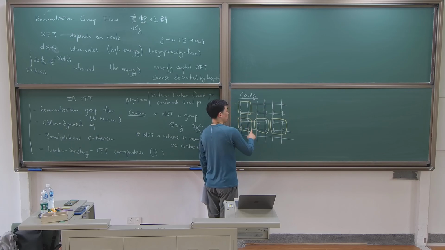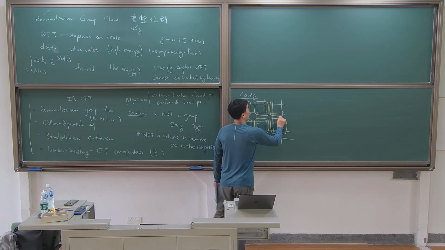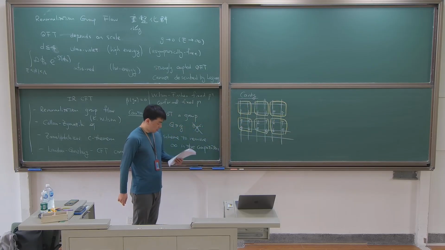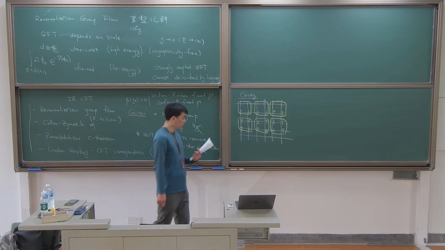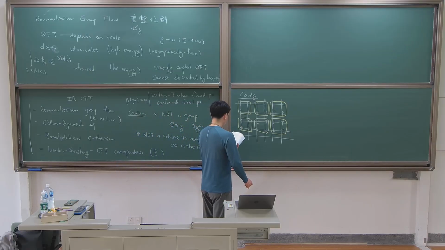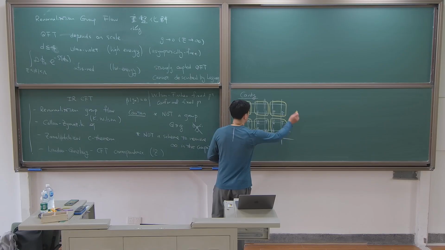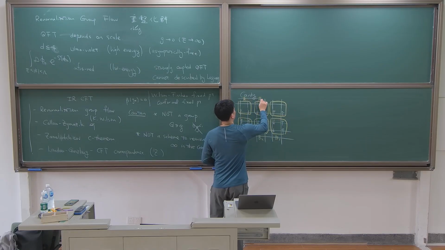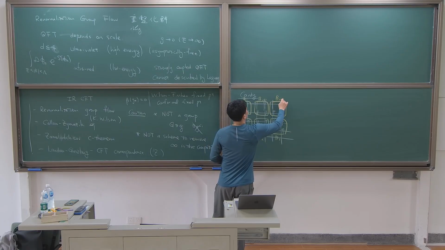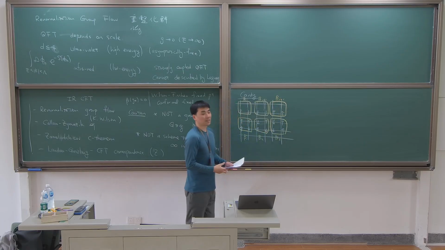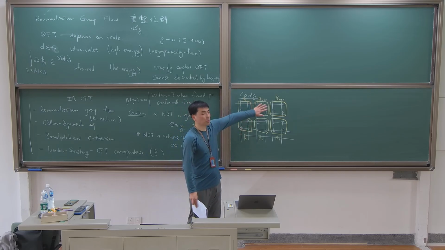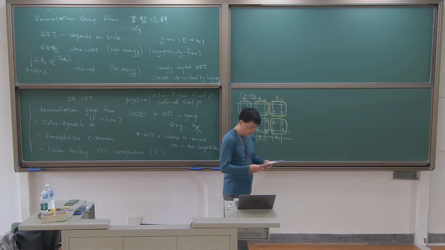At each block you have four lattice sites, and you can average over for each block, which we call B1, B2, B3, and so on, B_{i+1}, B_{i+2}, and so on. And then you just average over four spins to give the spin number for each block. That's what we can do.